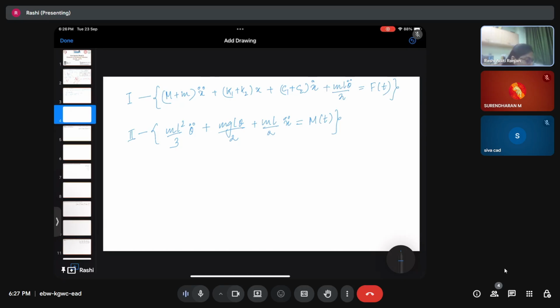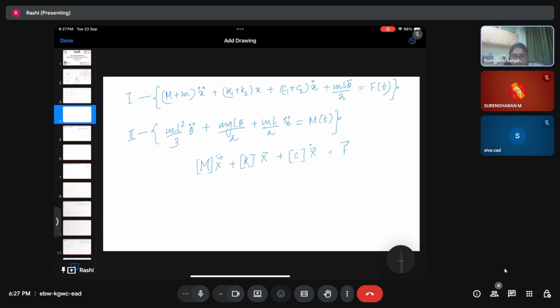Now, if I want to write it in matrix form, what I can do is separate x and theta. If I want to write it in terms of a matrix, I just need to transform it into a form something like M x double dot plus C x dot plus K x equals F, where M is a matrix, x is a vector, and F is again a vector.